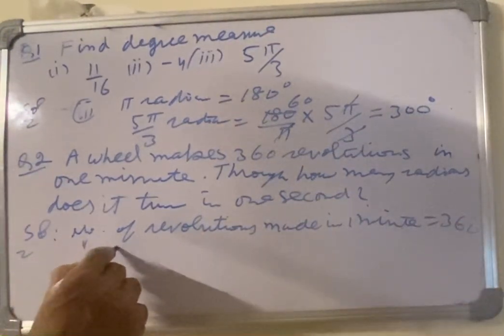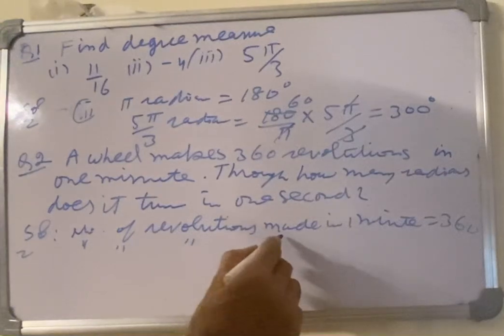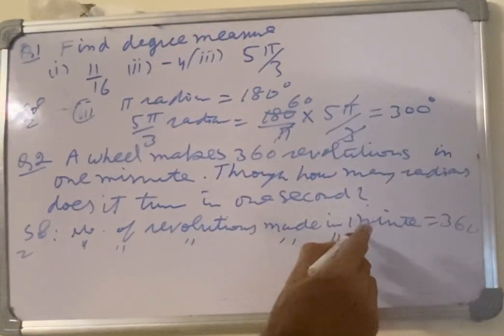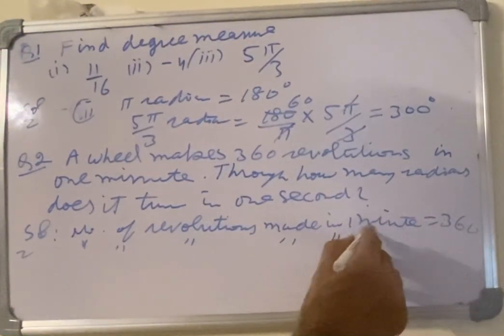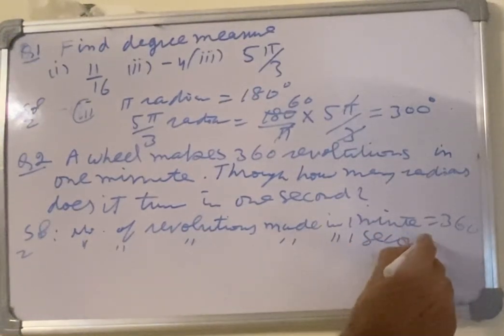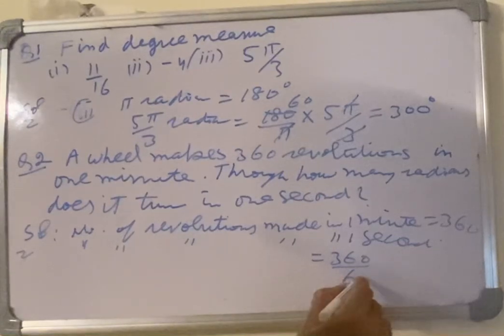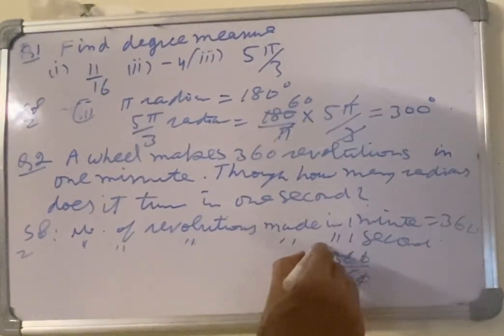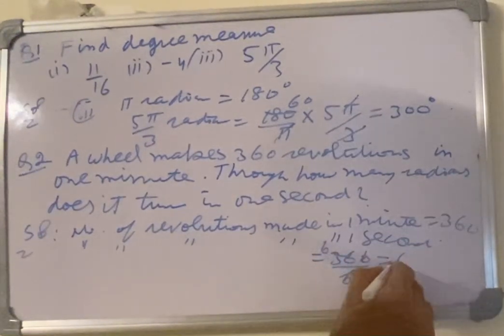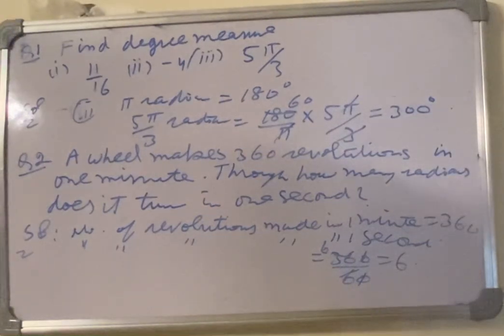Number of revolutions made in 1 second is 360 by 60, that is 6 revolutions. So 6 revolutions are made in 1 second.